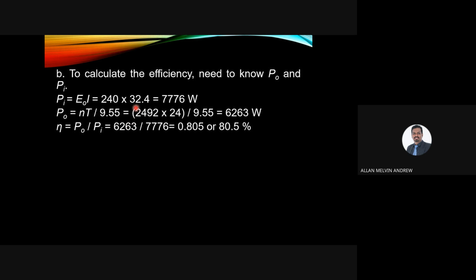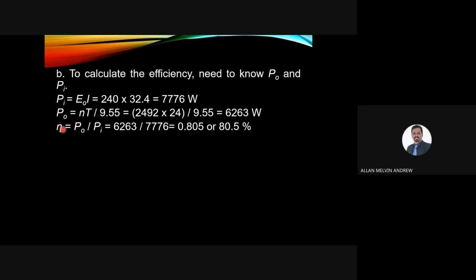To calculate the efficiency, we need to know PO and PI. PI equals E times I, so 240 times 32.4 is 7776 watt. P output is NT over 9.55, so 1780 times 24 over 9.55, which gives 4473 watt approximately.